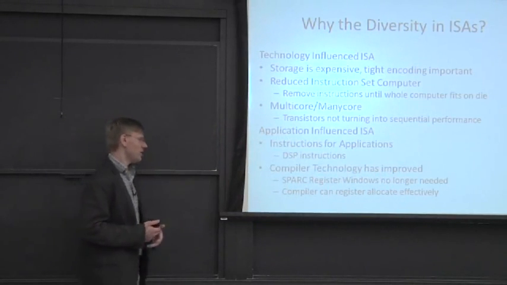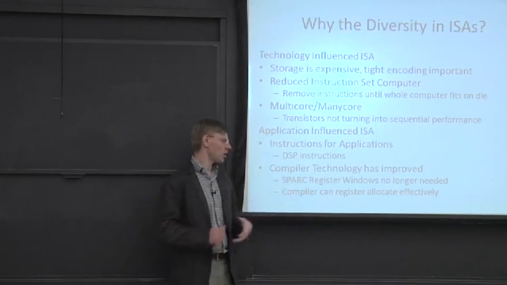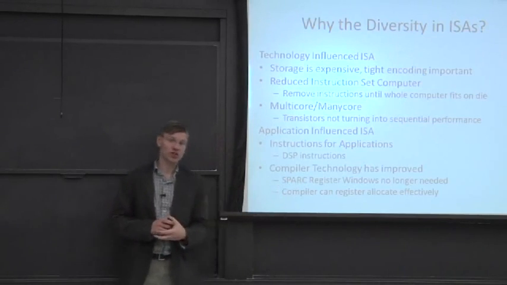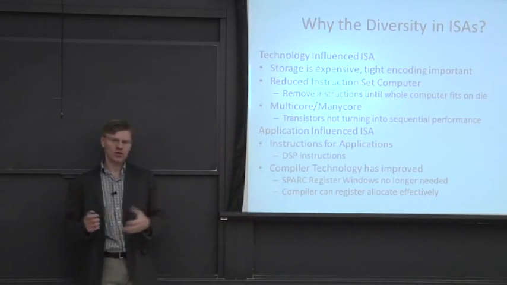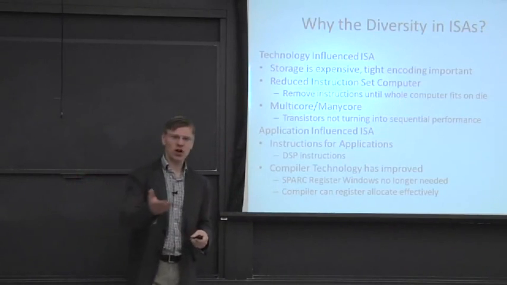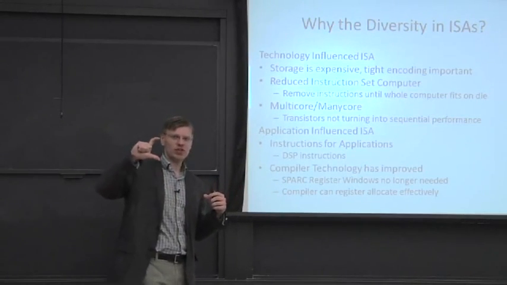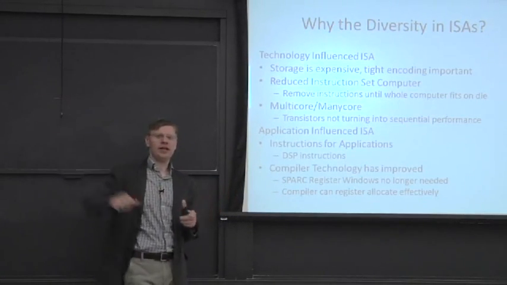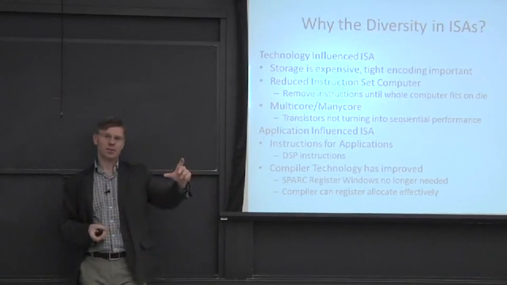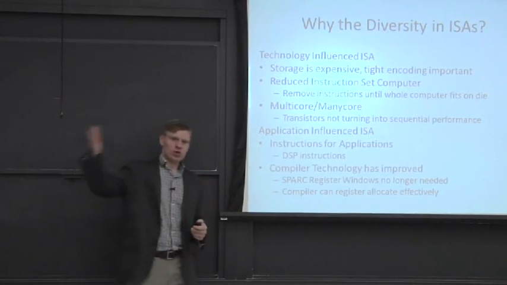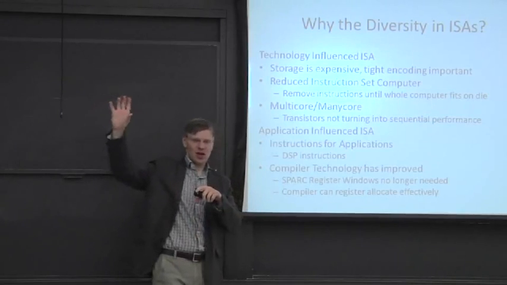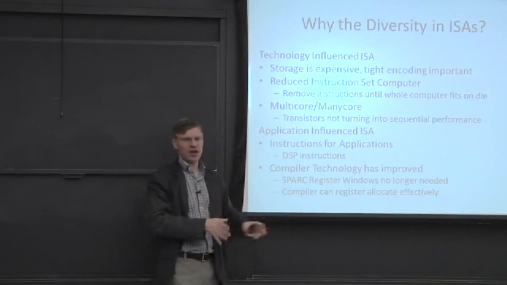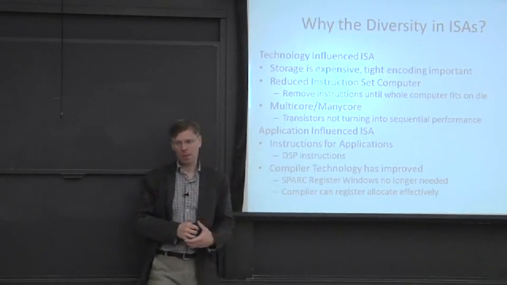So if we look at something like the Spark architecture, it has what's called a register window. So in the register window, what happens is whenever you do a function call, it'll actually take 8 registers and put them into memory, and then you get 8 new registers. When you do a return, it takes 8 registers from memory and puts them back into your register file and sort of swaps out the ones that were there before.